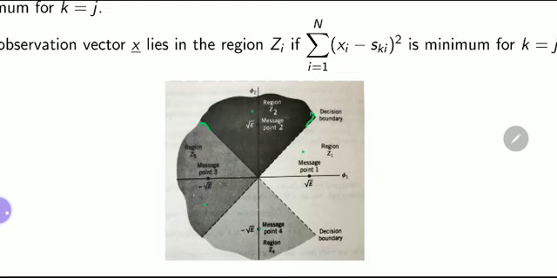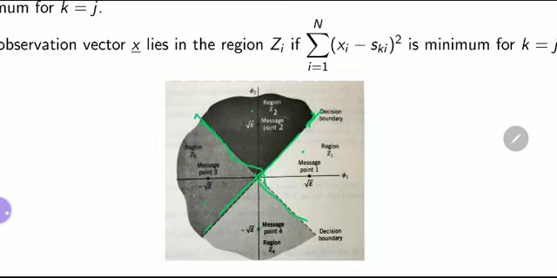This is based on the ML rule, the maximum likelihood rule. The boundaries are drawn in such a way that for all the points in region 2, message point S2 has the minimum distance.